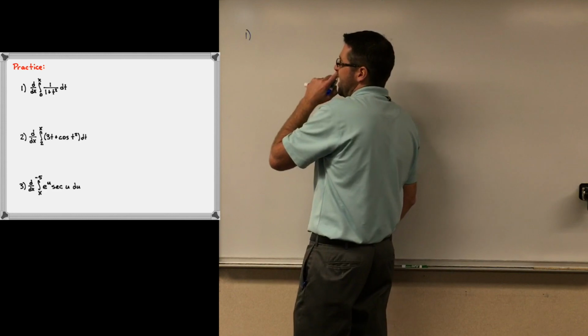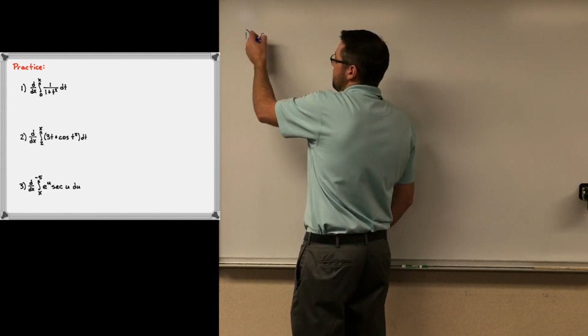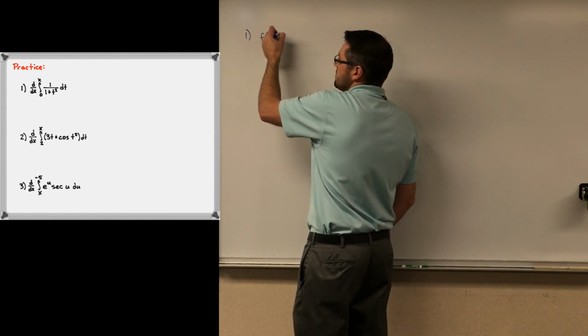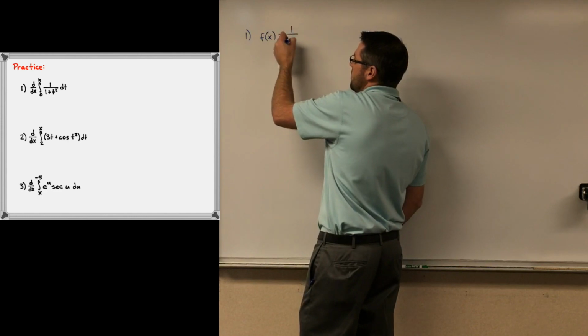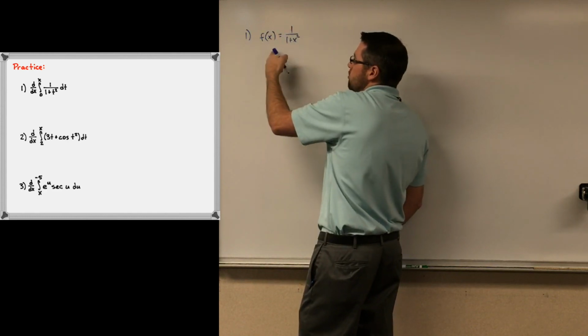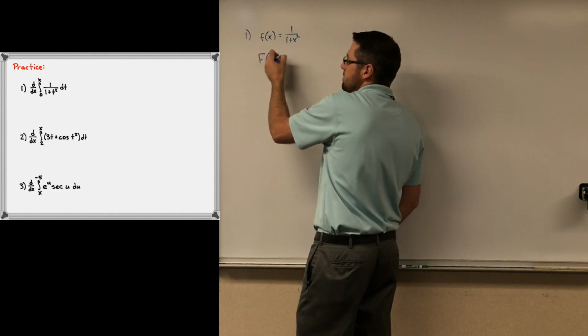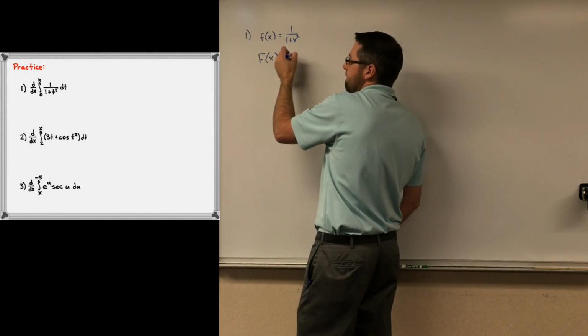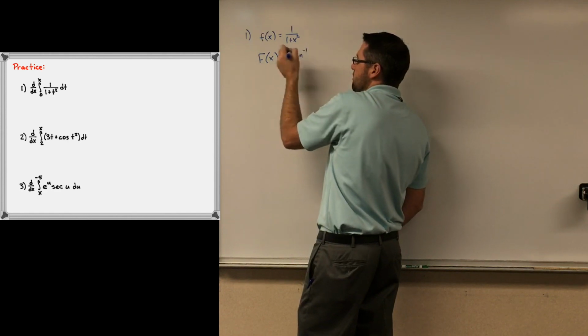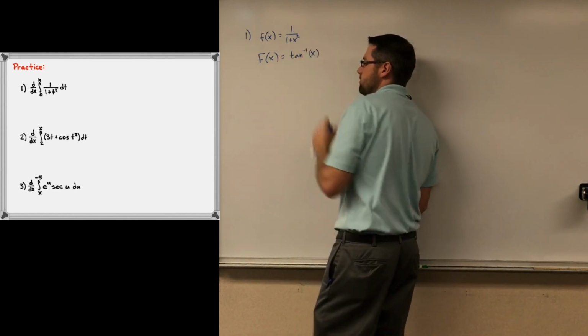You should have recognized, let's say that f of x is 1 over 1 plus x squared. You should realize then that its antiderivative, capital F of x, is, I believe, arctangent of x.